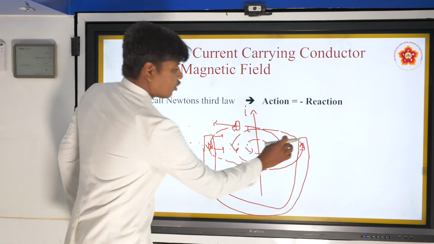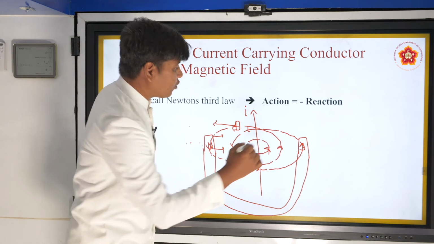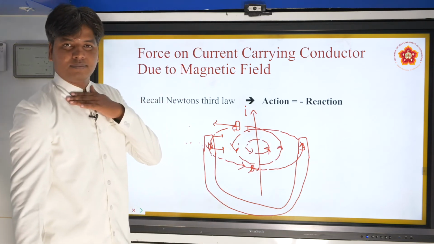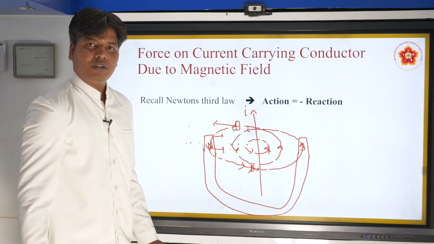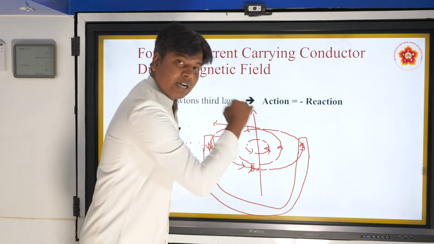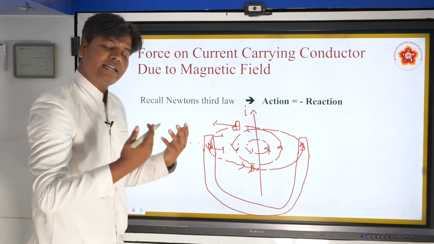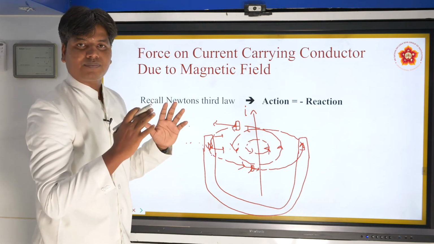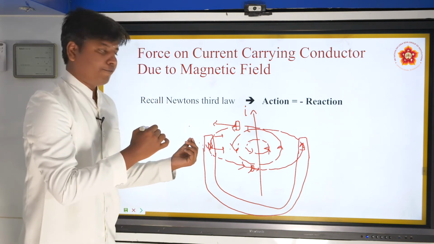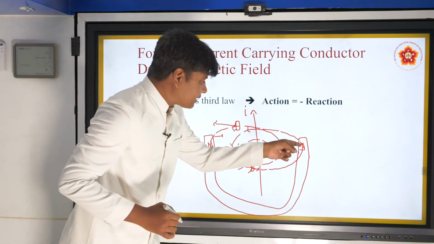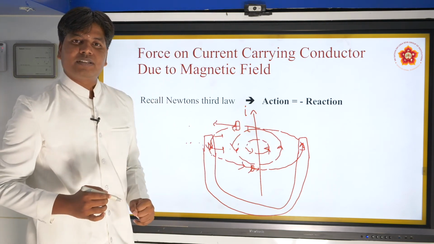If there is a north pole here, the direction of the force experienced by the north pole will go inside the board, right? As it is a south pole, it will come outside the board because it behaves exactly opposite to the north pole. Hence, this north pole is also experiencing the force outwards. This south pole is also experiencing the force outwards, right?